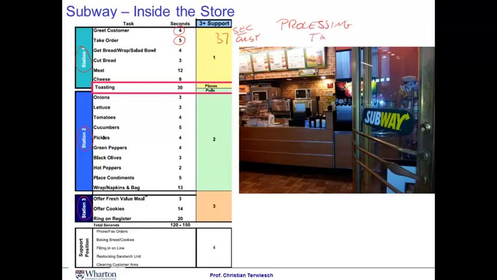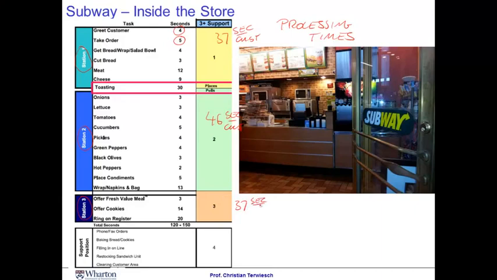Notice that processing times are always expressed in seconds per customer, or more generally in units of time per flow unit. In the same way, I can compute that it is taking 46 seconds per customer at station 2 and 37 seconds per customer at station 3.